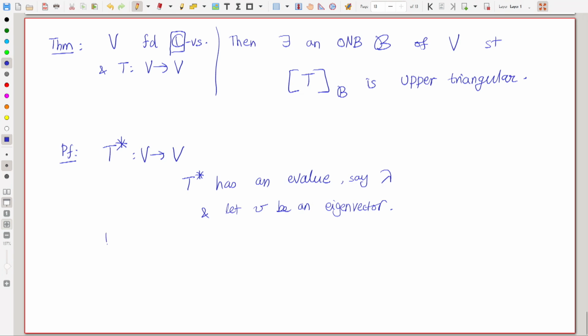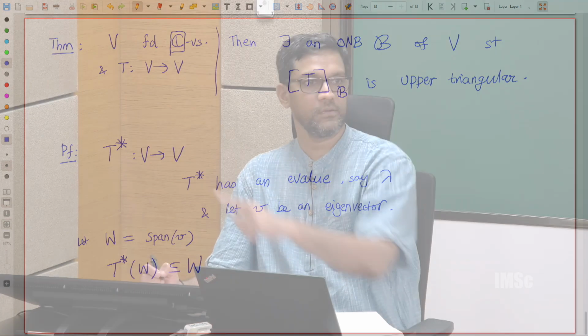So look at that space. Let us define W as the span of that eigenvector. What can I say about T star acting on that subspace? It will again be a subset of W. What does eigenvector mean? An eigenvector is just a one dimensional T invariant subspace. Here I am doing T star.